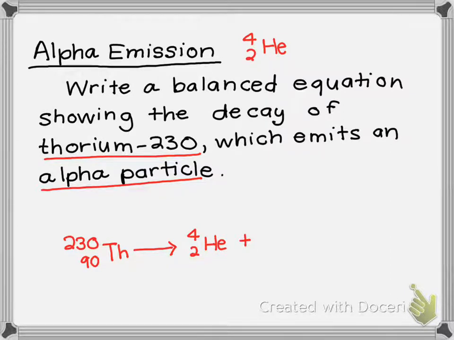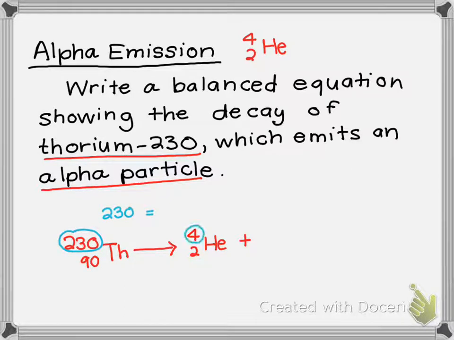And so what we know is that a new isotope also must form. And remember, in the process of a nuclear reaction, radiation is emitted so an unstable nucleus can form something more stable. So to determine what the new nucleus is, we look at our mass numbers first. So this side has 230.